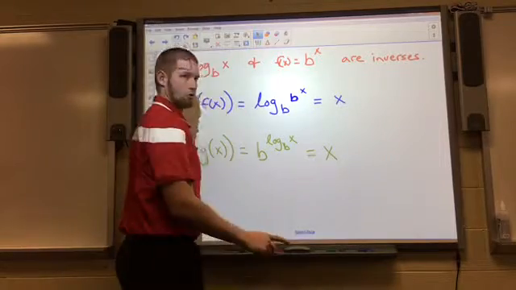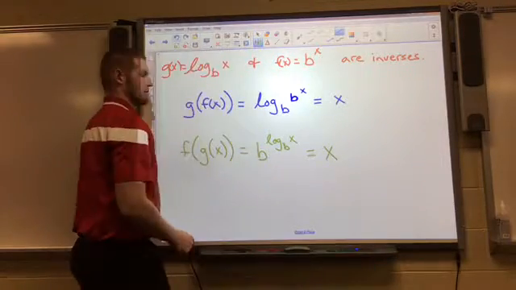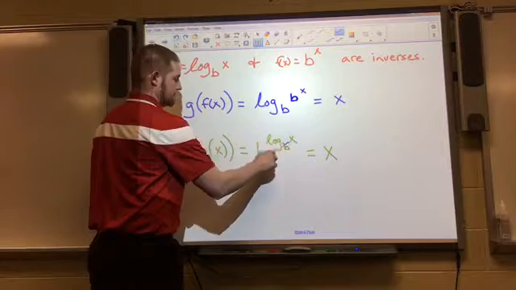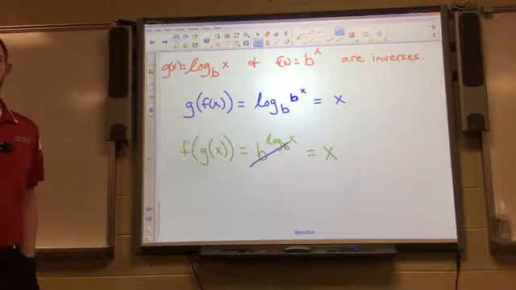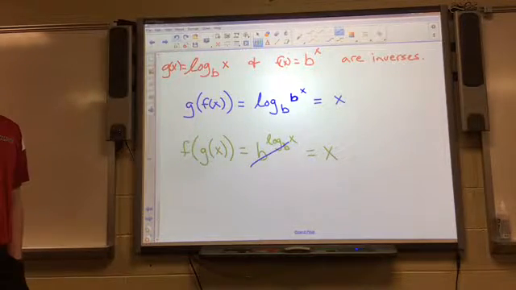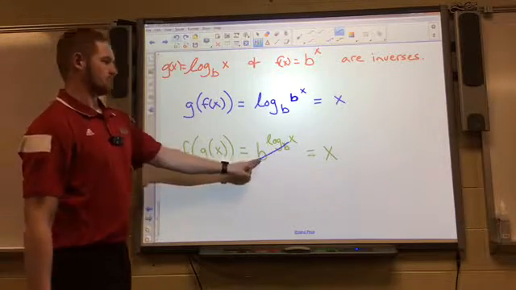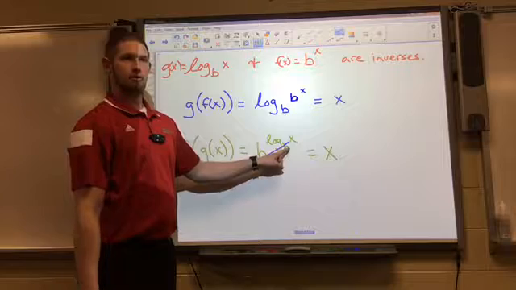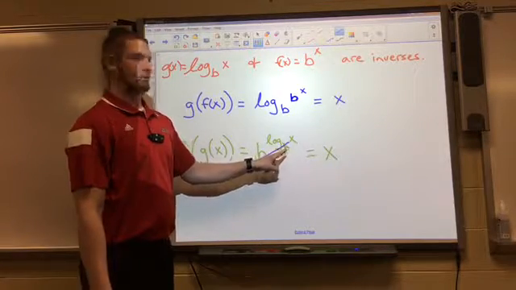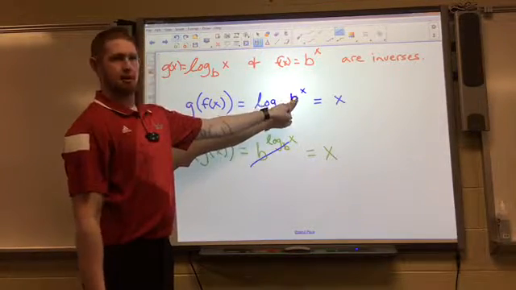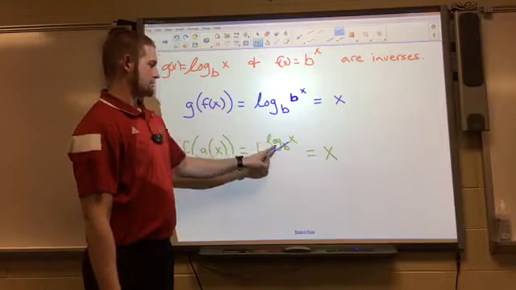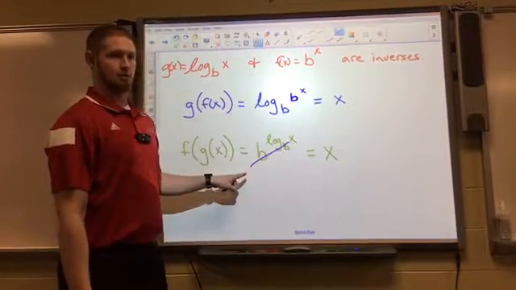Again, there's more to it than this, but we don't necessarily need to know that. Those cancel. And what's my answer? X. Okay, so be aware of that. If your bases are the same, they cancel out. Okay, if that base is the same as that base, they cancel. If that base is the same as that base, they cancel.